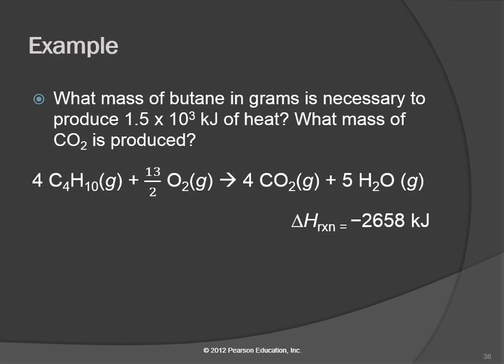It's negative because the heat is being given off from the reaction of the butane. Now, this chemical reaction looks funky, doesn't it? What's weird about it? It's got a fraction in it. It's okay. It's balanced. It's not the standard form for a balanced chemical equation, but it's what they gave us.